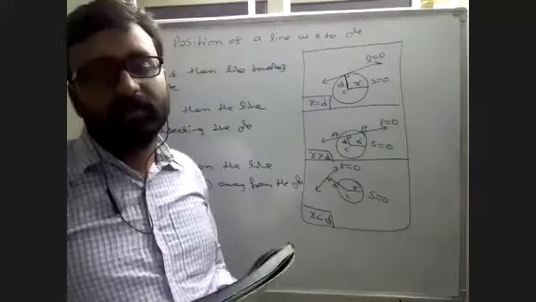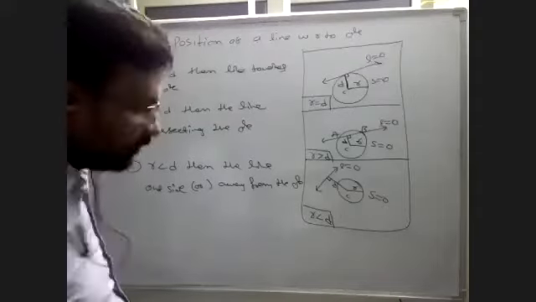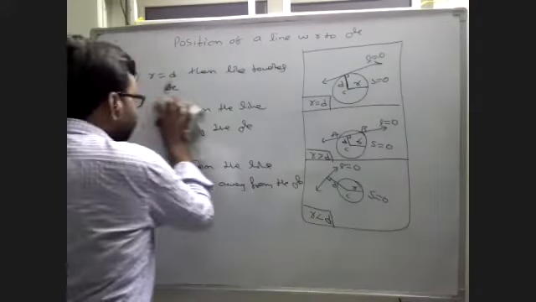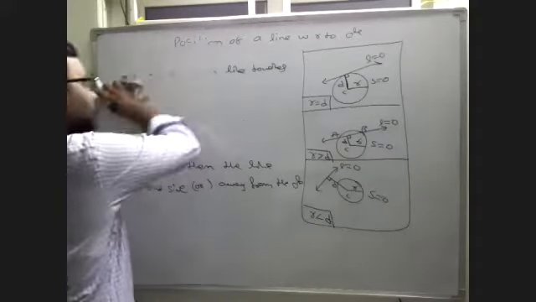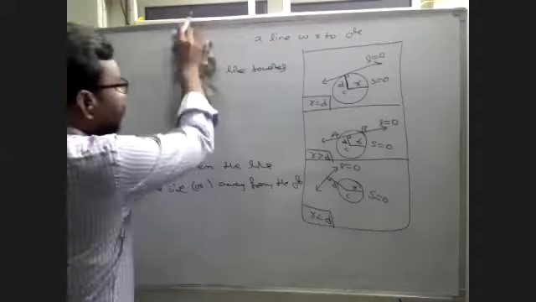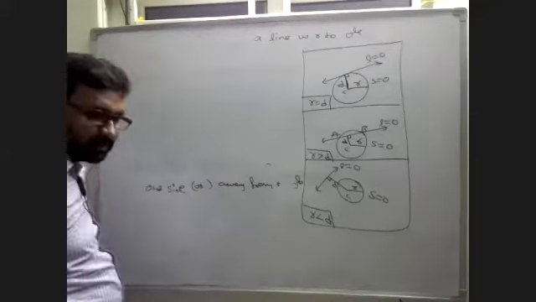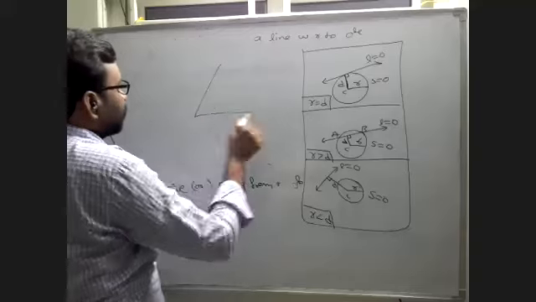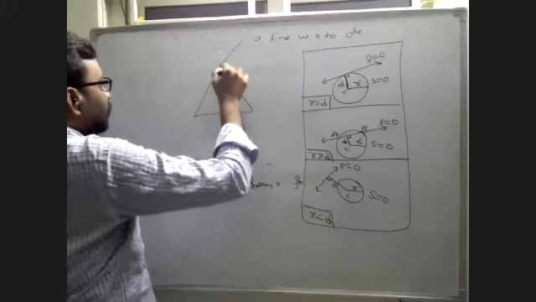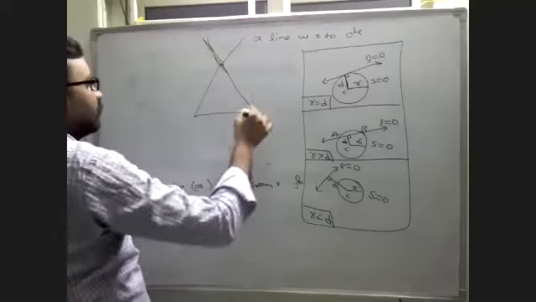Forming a triangle is 4. If the three lines form a triangle, then the number of circles which are touching the 3 sides: for example, this is a triangle. I gave you already, I think you remember.